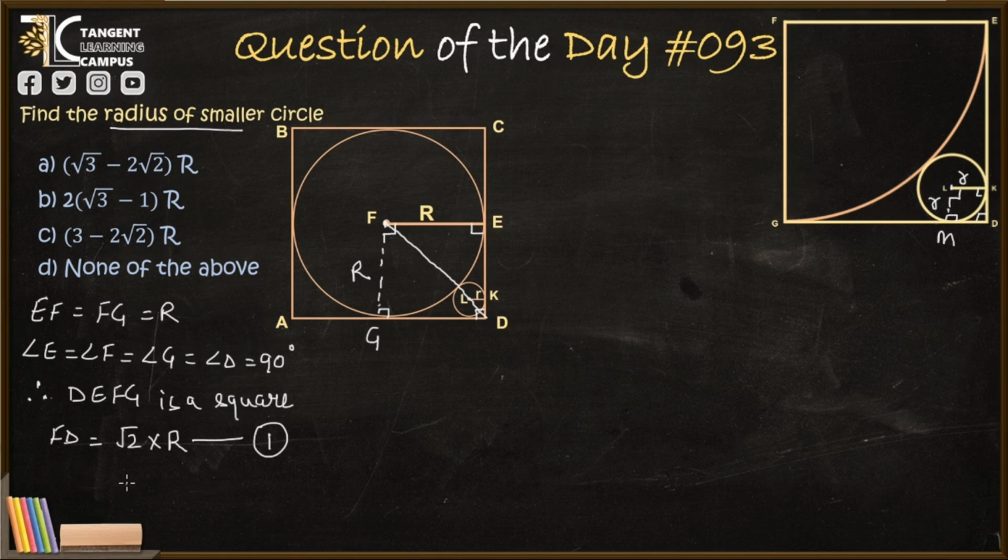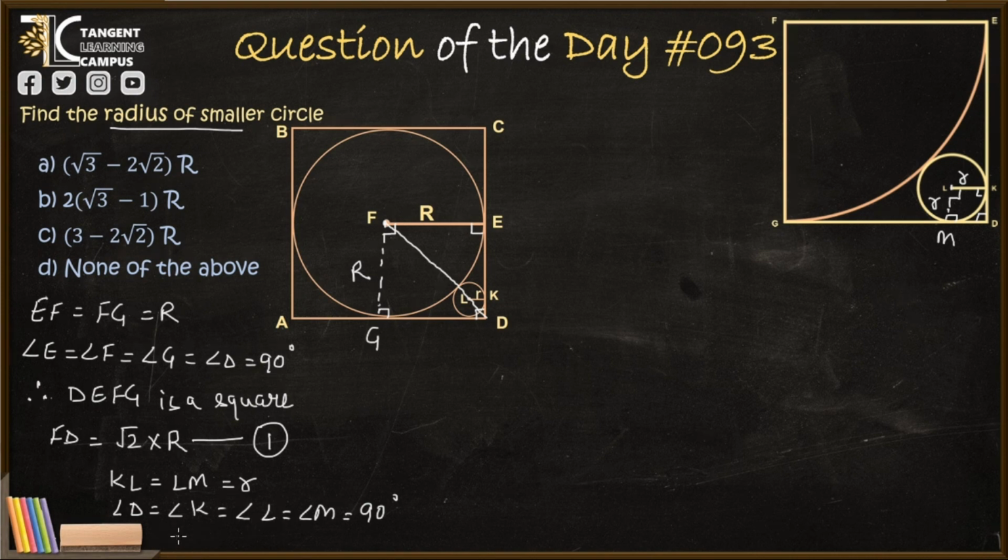Let us write down KL equals LM equals small r, and angle D equals angle K equals angle L equals angle M, 90 degrees.